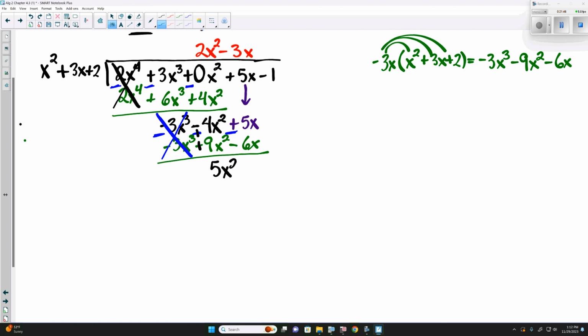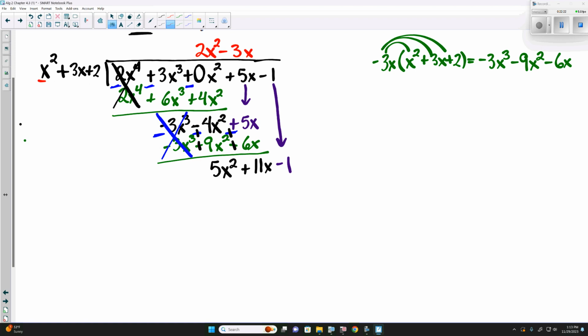And we still have our x squared. And the last one for this part, 5x minus negative 6x. The negative and negative would make a plus. 5x plus 6x is plus 11x. And then we will bring down the minus 1. And repeat this process one more time.